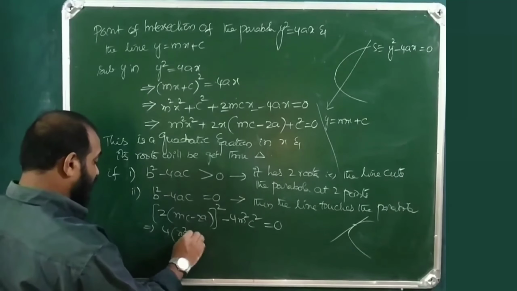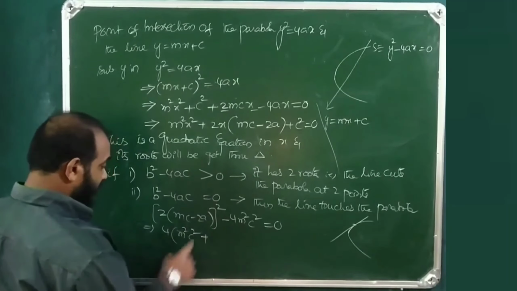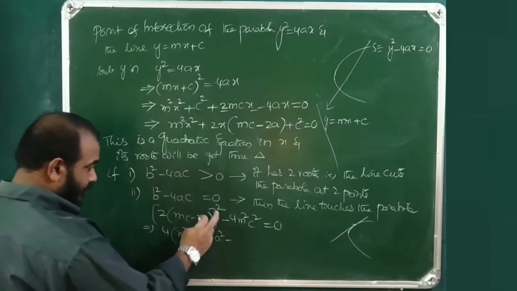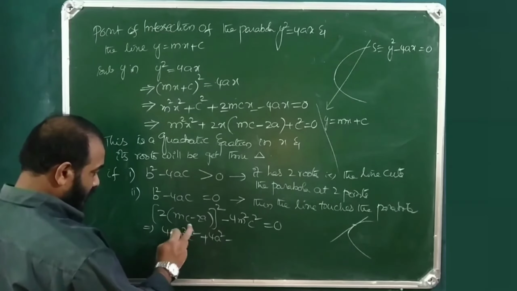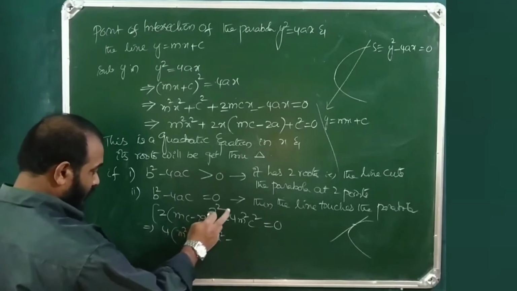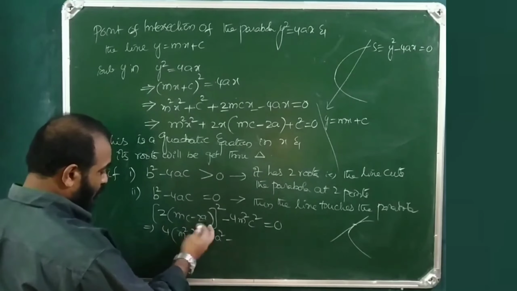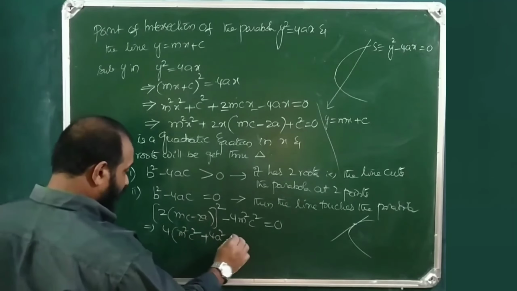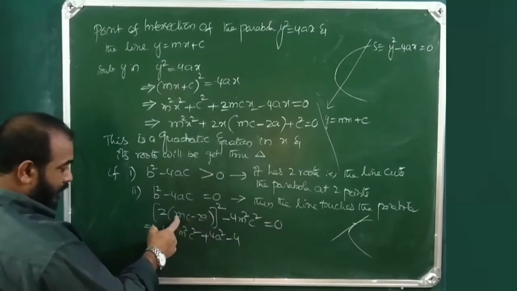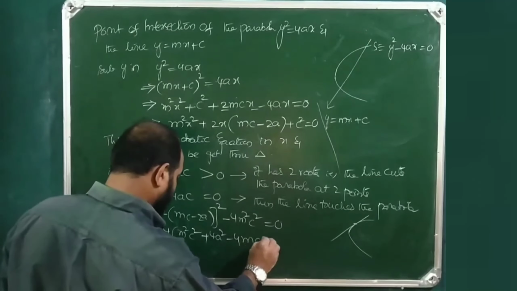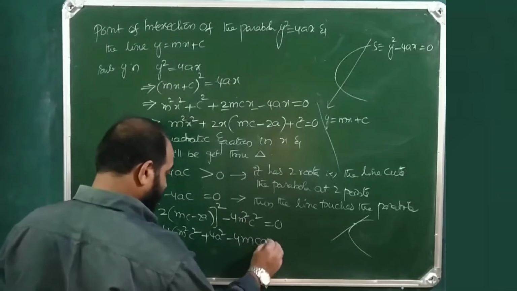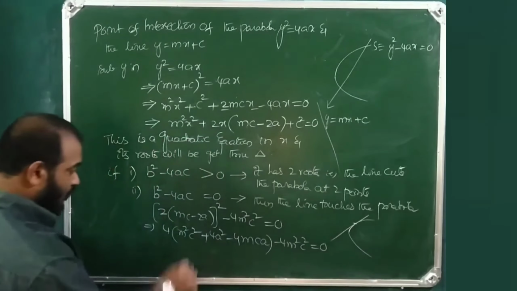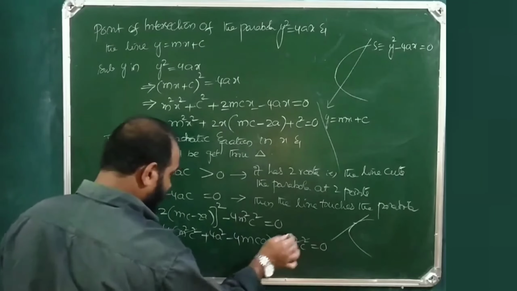So 2 2s are 4, m square c square plus 2a whole square, 4a square, minus 2 into mc into 2a, 2 2s are 4 mca, minus 4m square c square equals 0. The 4m square c square gets cancelled.